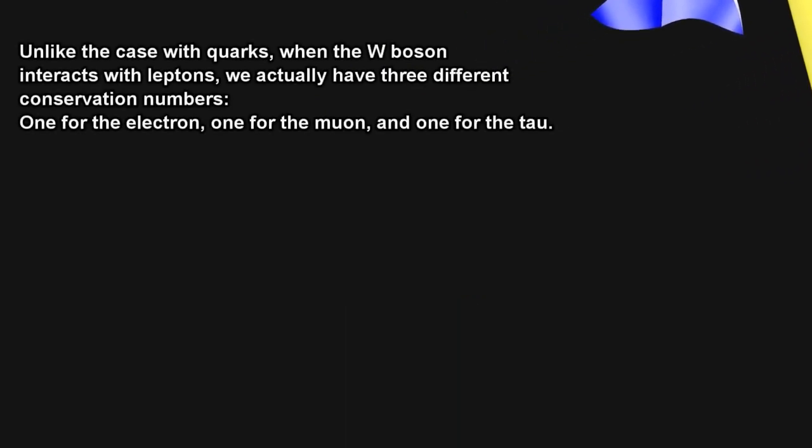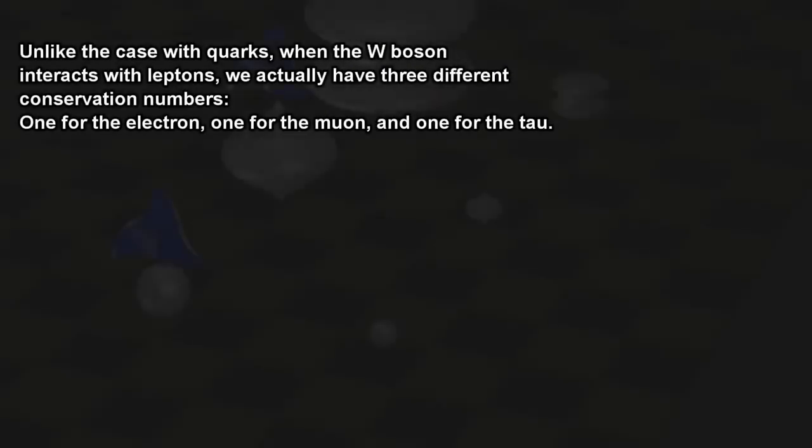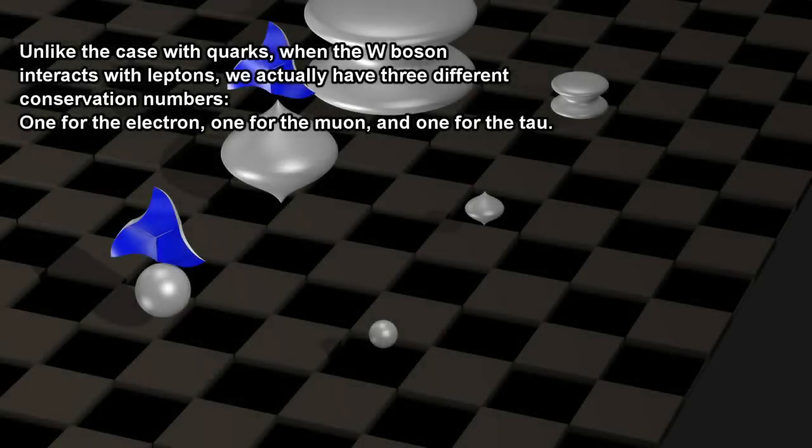Unlike the case with quarks, when the W boson interacts with leptons, we actually have three different conservation numbers: one for the electron, one for the muon, and one for the tau.